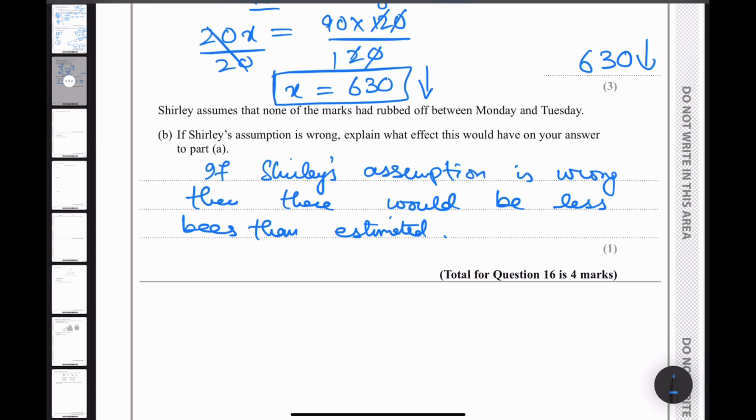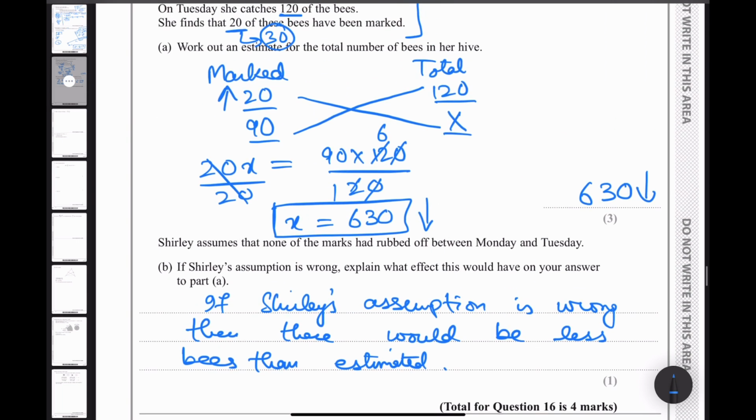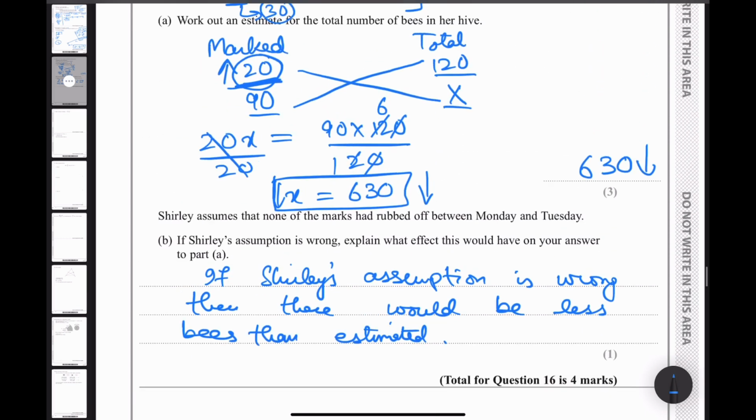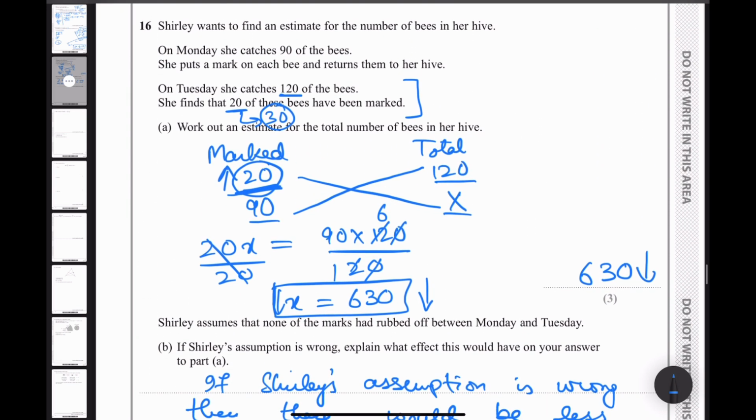Okay, why less bees? Because this value will be bigger, and if this value is bigger, our x will become smaller, because this 20 is opposite to x. So that's how we will do question number 16.